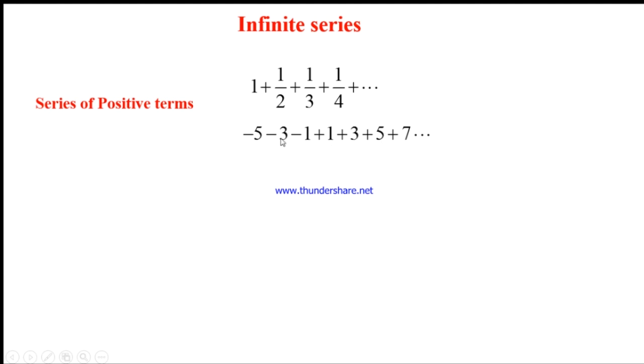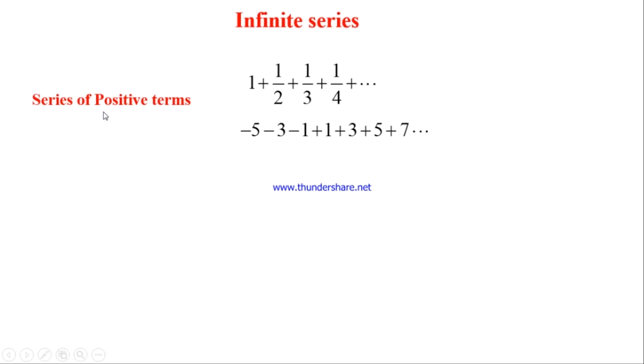And you can note these two are examples of series of positive terms, which means we can put the definition like this. An infinite series in which all the terms are positive, or an infinite series in which all the terms after some particular term are positive, is called series of positive terms.